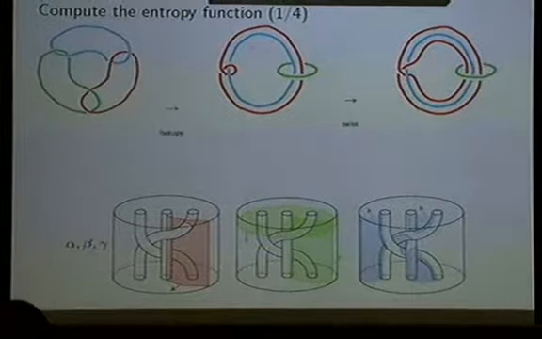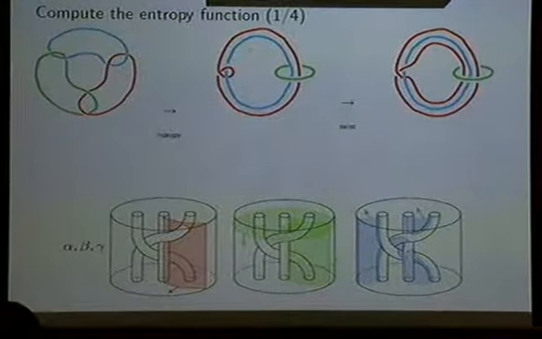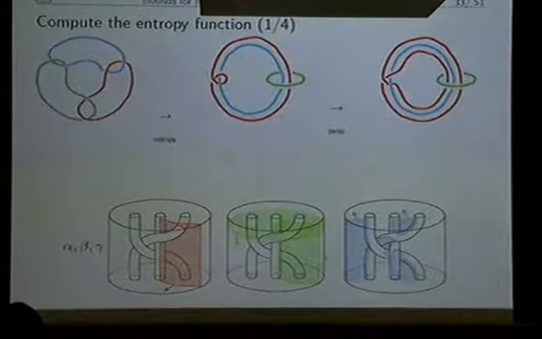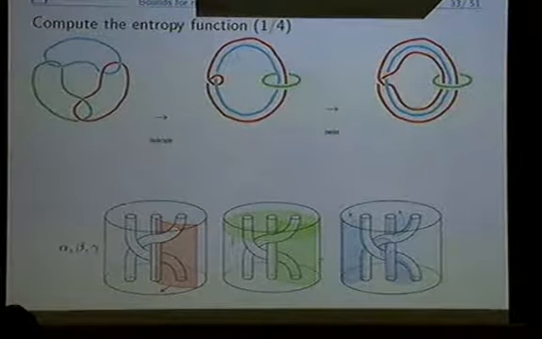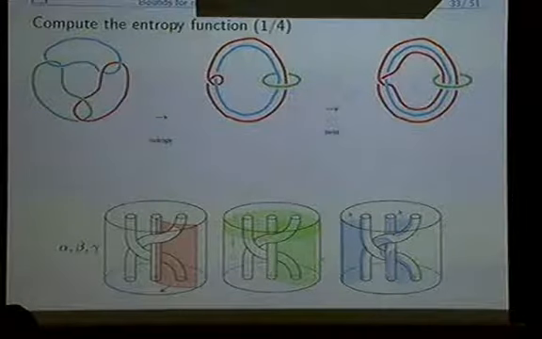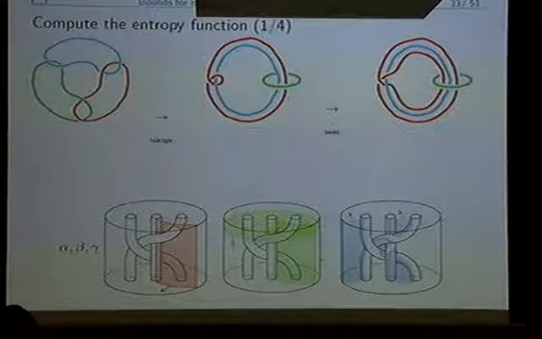suspended foliation in M. So we have changed this manifold into the link complement of this link. This link and this link are the same link. You can change by isotopy, but you can cut along this blue disk and twist once and you get this link from this link.